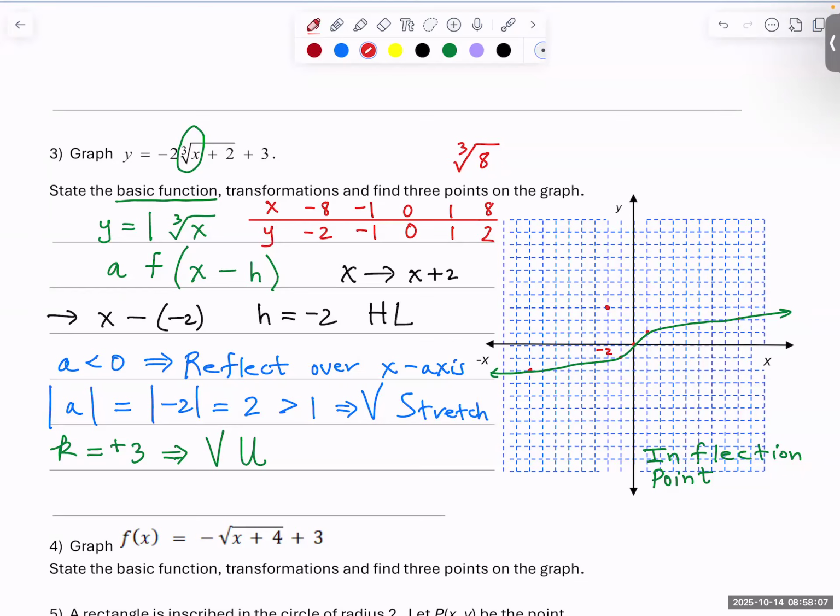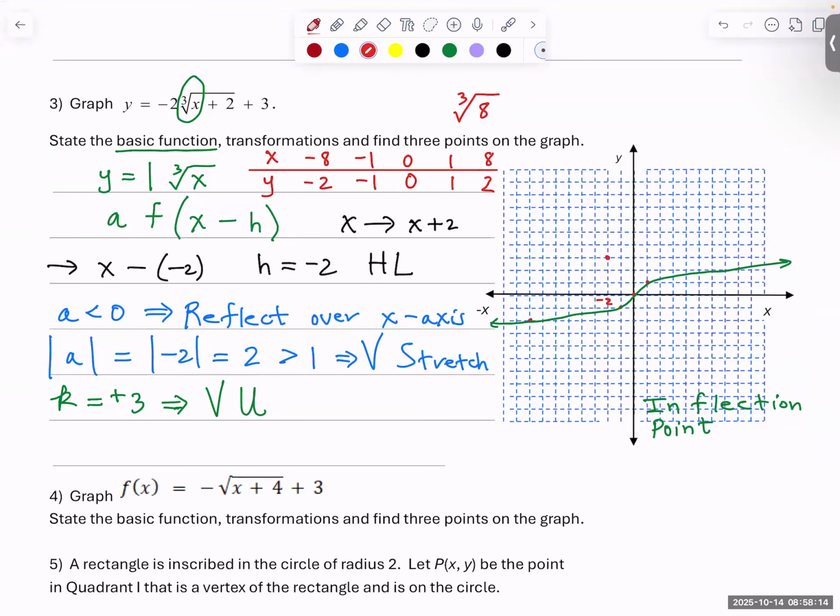Now let's get, as it says, 3 points on the graph. And we want to carefully choose the 3 inputs for x, so we can calculate by hand without a calculator. So since the new argument is x plus 2, we're going to pick negative 10 for x, because negative 10 plus 2 is negative 8, which we can compute the cube root of by hand.